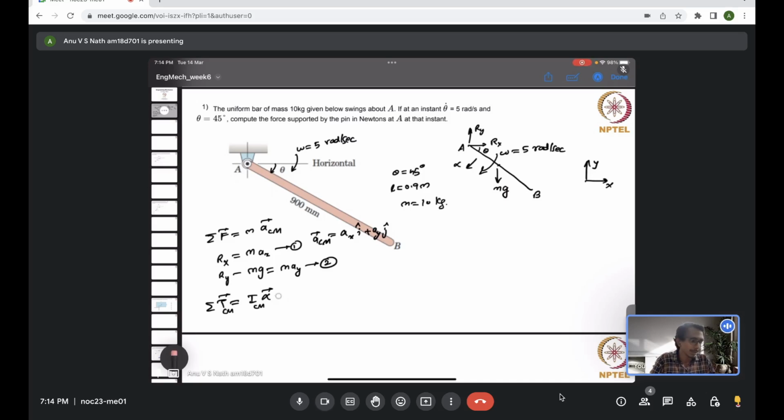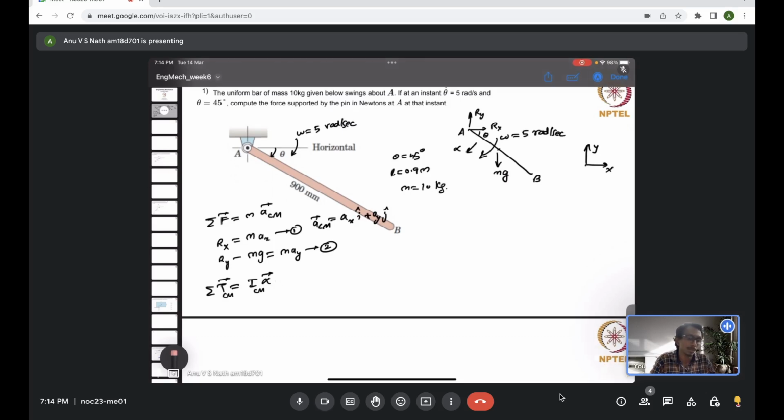but because he hasn't shown how to use the same formula with other points, I'm not going to complicate this. But as you may be aware, if I choose any other point to take the moment, then this formula is no longer valid unless that point is a fixed point, basically not moving, with no linear motion.